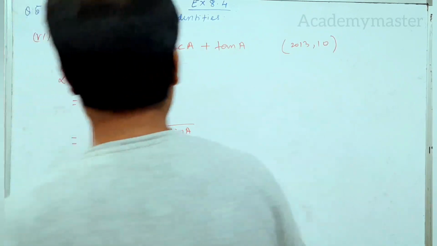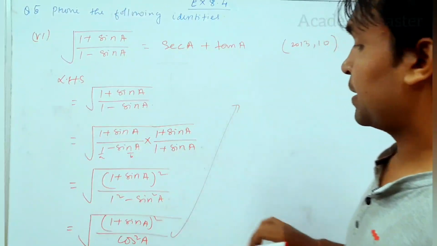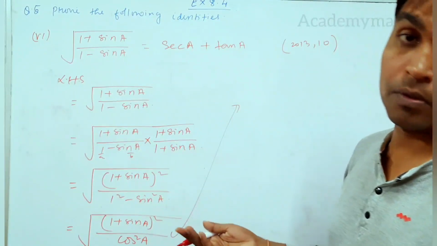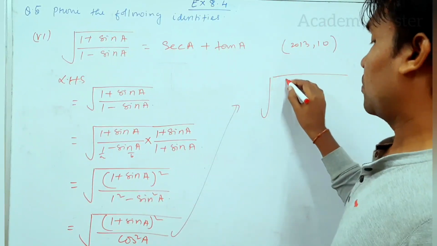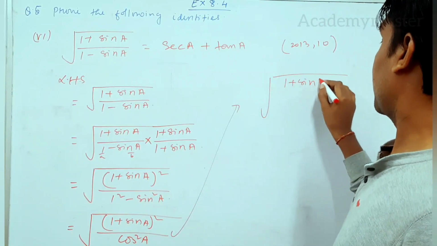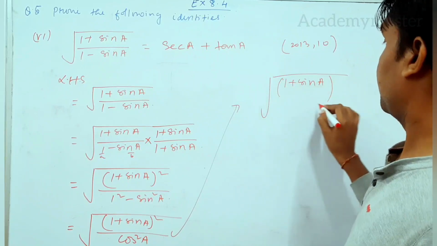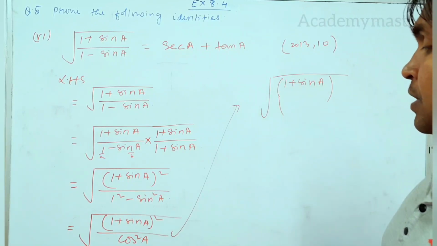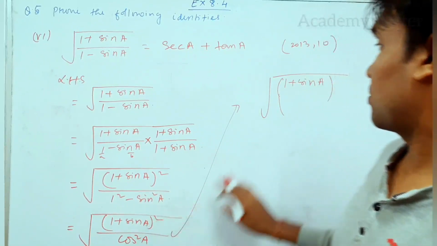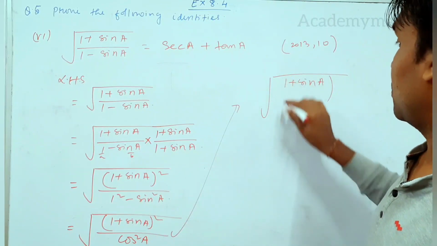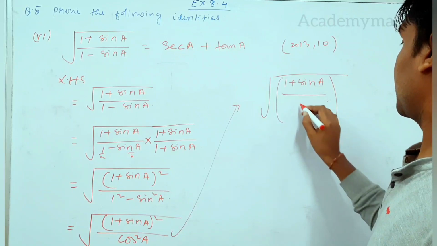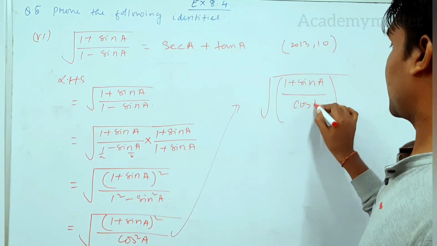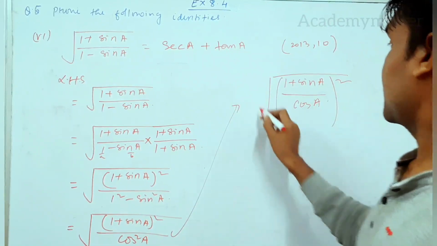Okay, fine. So we'll move down to this side, because if I write downside, it will not be visible to you. So root over 1 plus sine A whole square by cos square A. See here carefully, this one also square and this one also square, so we can write the whole thing as a whole square, both the numerator and denominator, so it will be cos A whole square.